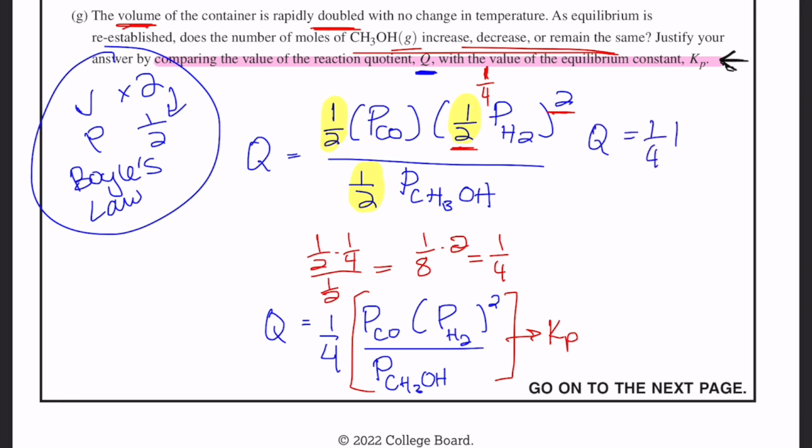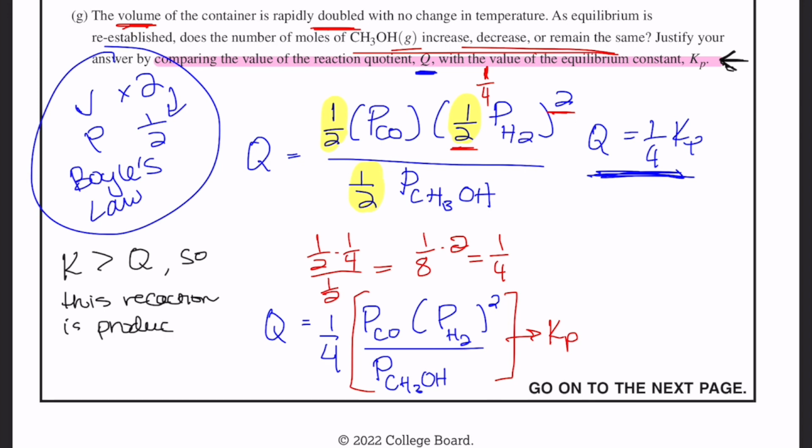Because of this, we can say that K is greater than Q. And because of that, this reaction is product favored. So moles of methanol decrease.